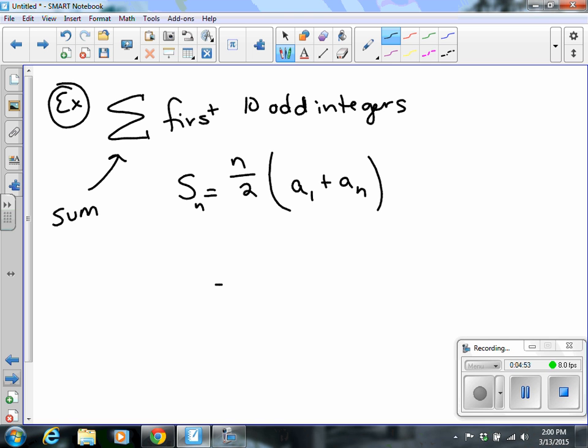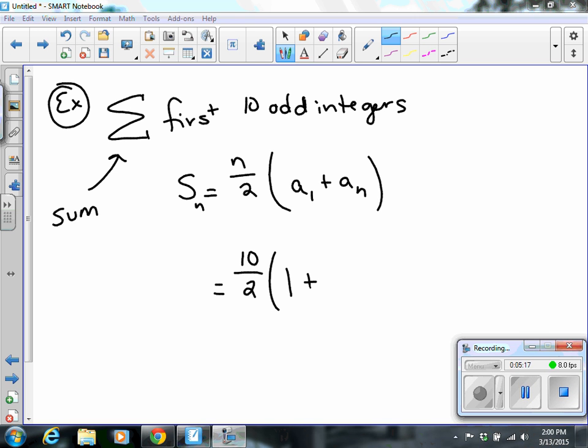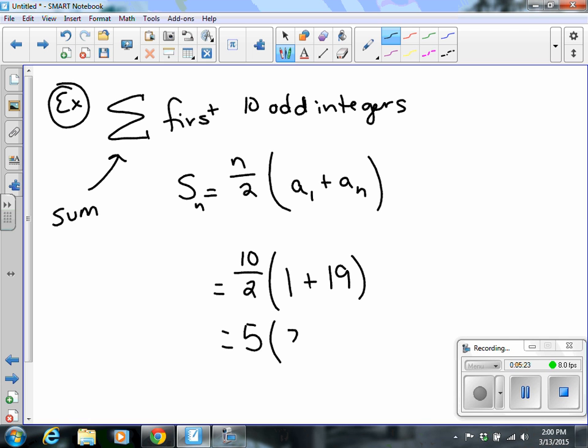So we know then that n is 10. a1, well, what's our first odd integer? It would be 1. Looking at this, my last odd integer is going to be what? We know that this is going to be 19. So I have 5 times 20, which gives me 100.